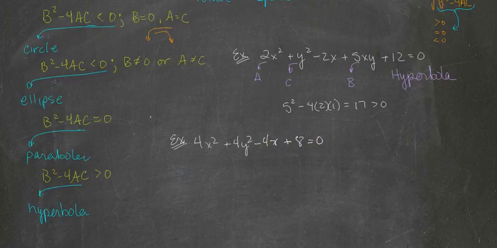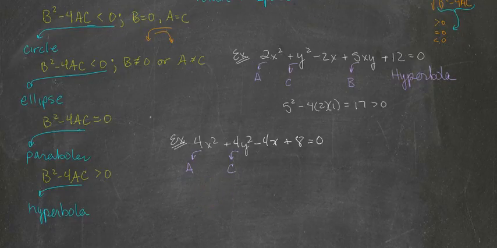Again, first I have to identify my a, b, and c, and we know that a is associated with the x squared term, and b is associated with the xy term, which in this case equals 0, and then c is associated with the y squared term. Now, we have a little bit of a hint, because if we're looking at b equals 0, we're probably looking at a circle, but let's go ahead and calculate the discriminant.